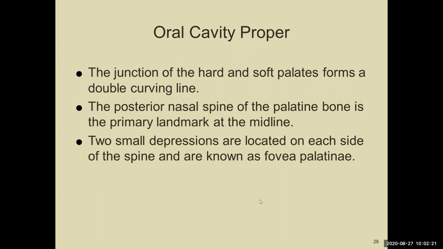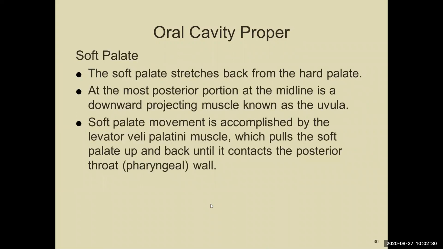You have 2 small depressions that are located on each side of the spine, and those are known as your fovea palatine. Your soft palate stretches back from the hard palate. So you've got your hard palate that's firmly bound, and then you've got your soft palate, which is not. At the most posterior portion of the midline is that downward projecting muscle or connective tissue known as the uvula.